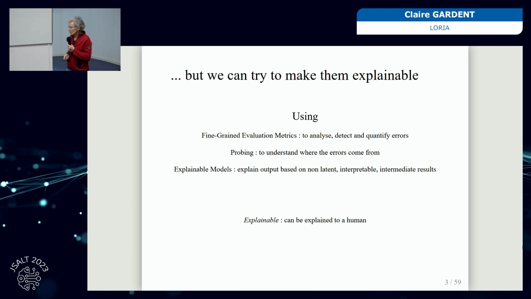The other way you can improve the explainability of the model is by having architectures that are explainable by design. Here the idea is to have the model provide intermediate, non-latent results that allow us to better understand what impacts the performance of the model.